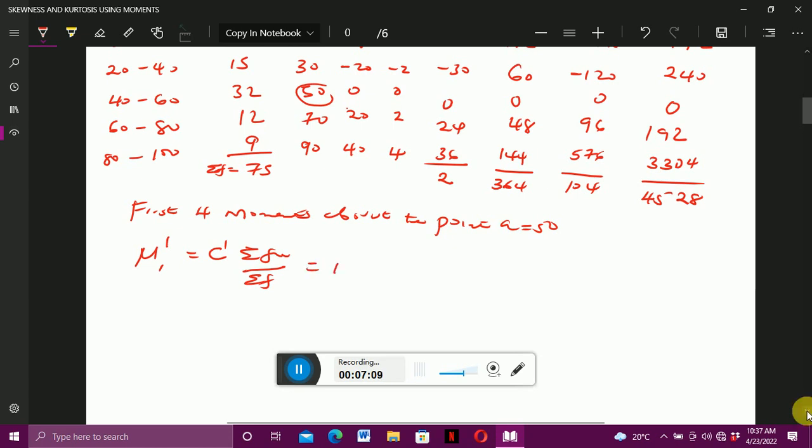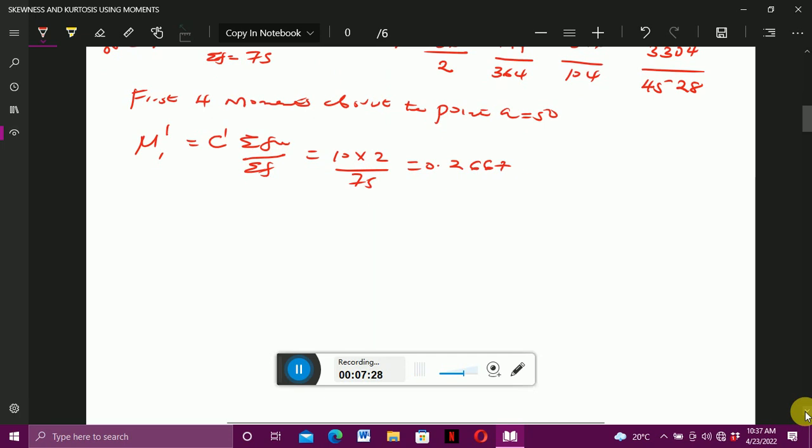So this is 10 times 2 divided by 75. That gives us 0.2667. 0.2667 is the first moment about the point 50.